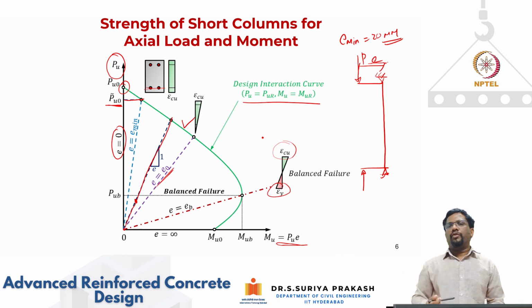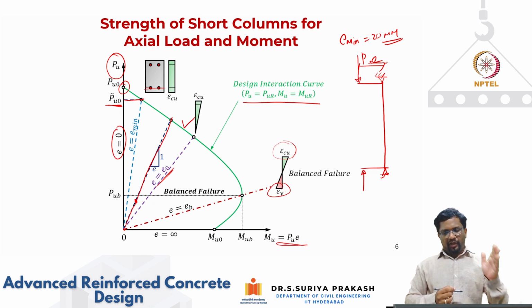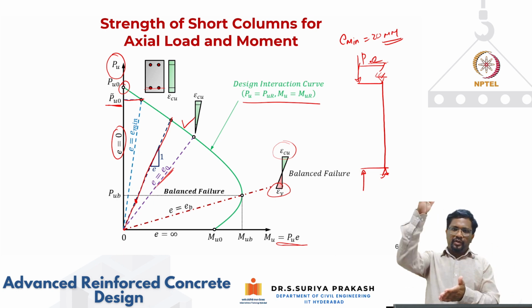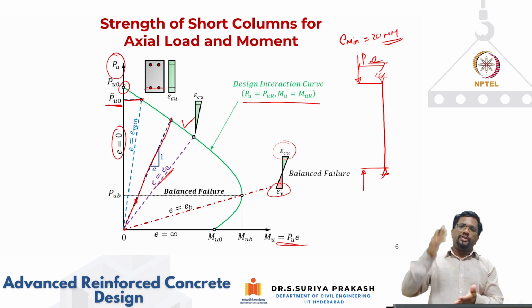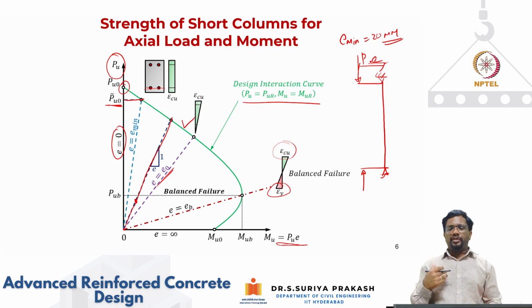Like what we have seen in the flexural case, this is your balanced condition. So depending upon the value of e, when e is 0 it is pure compression, and when e is equal to e naught, you reach a situation where the neutral axis depth is exactly equal to the depth of the section.